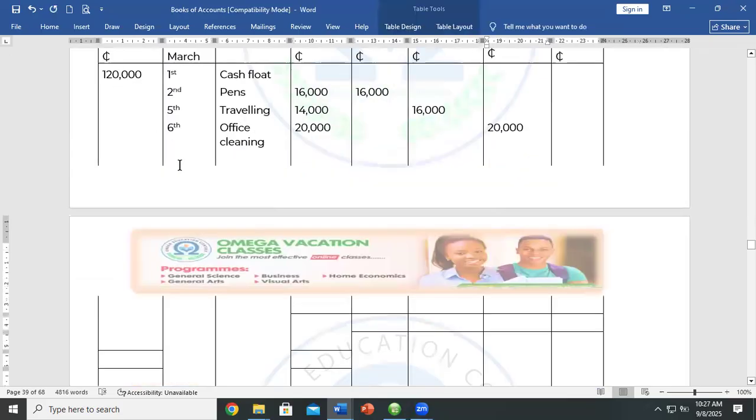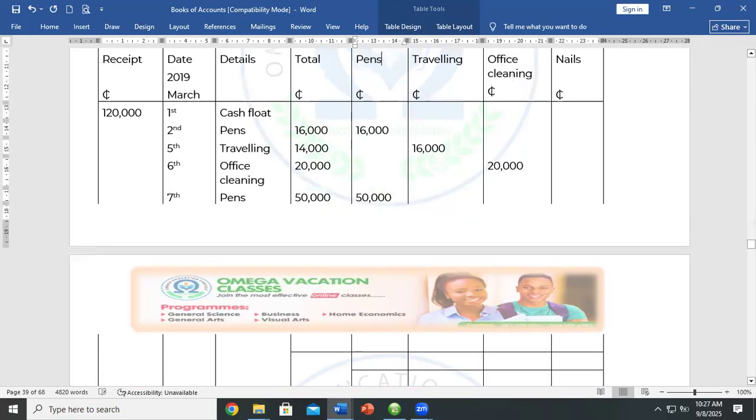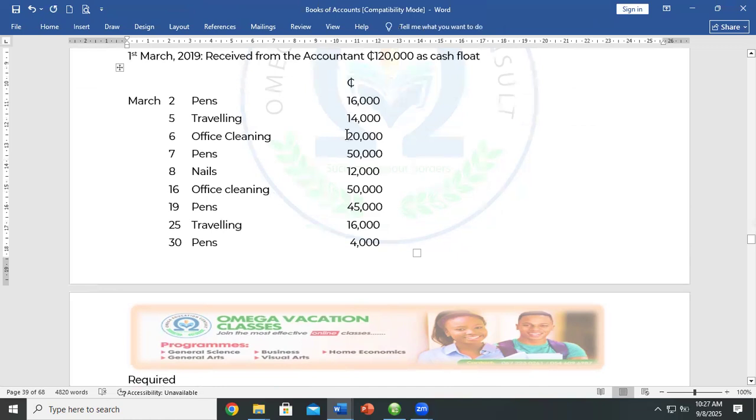On the 7th, we have pens, 50,000. So we go under pens and put it there, 50,000. We have now spent 100,000, right? Because this is 16 plus 14, 30 plus 20, 50 plus 50, 100.